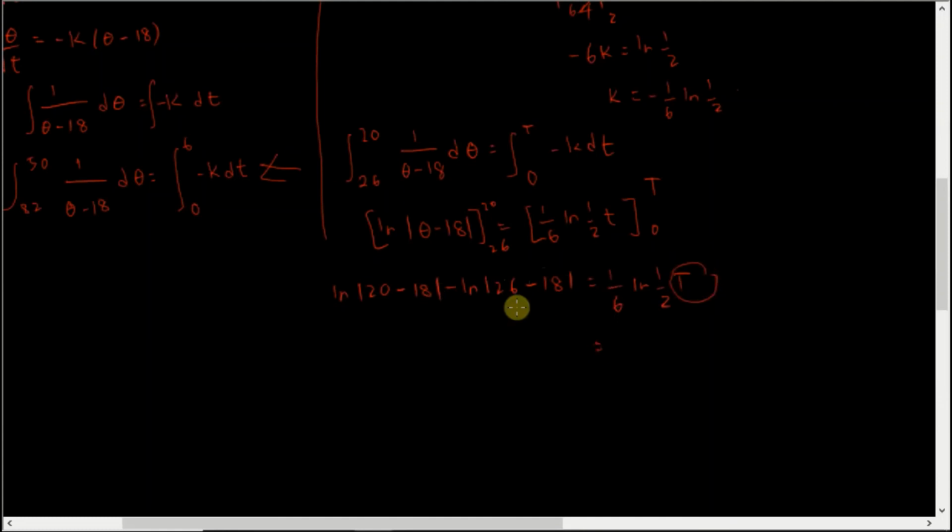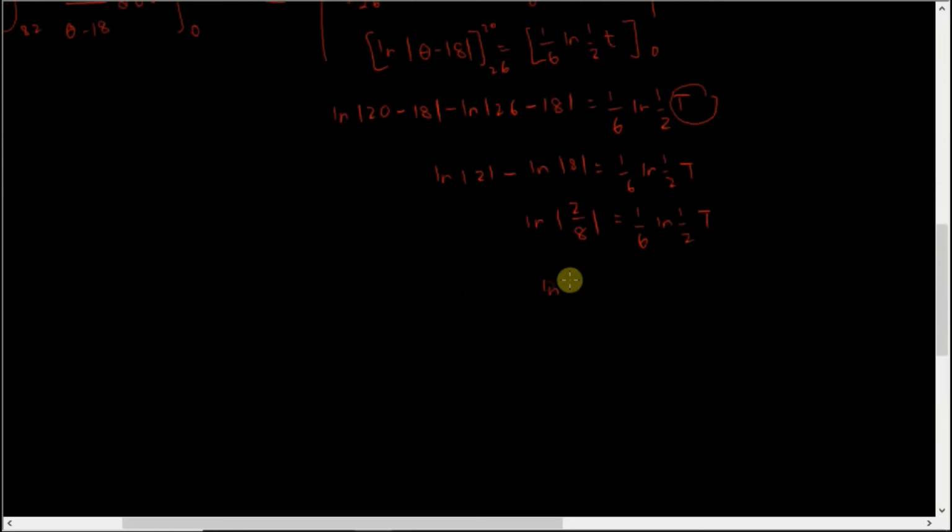So we solve the left side. 20 minus 18 is 2, minus ln 26 minus 18 is 8, equals to 1 over 6 ln 1 over 2 t. So the left side is now ln 2 over 8, which is 1 over 6 ln 1 over 2 t. 2 divided by 8 is 1 over 4.